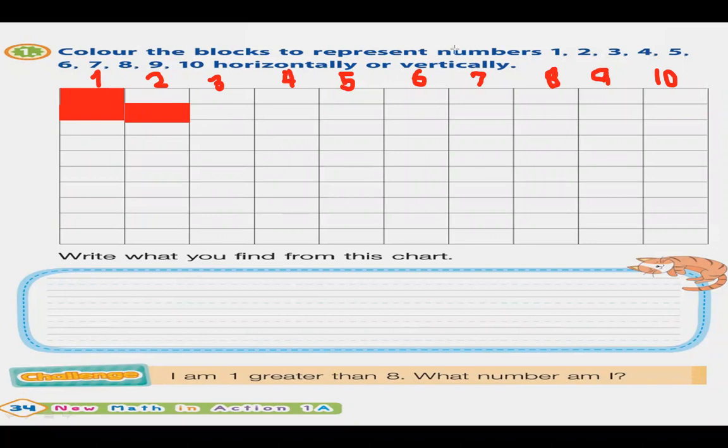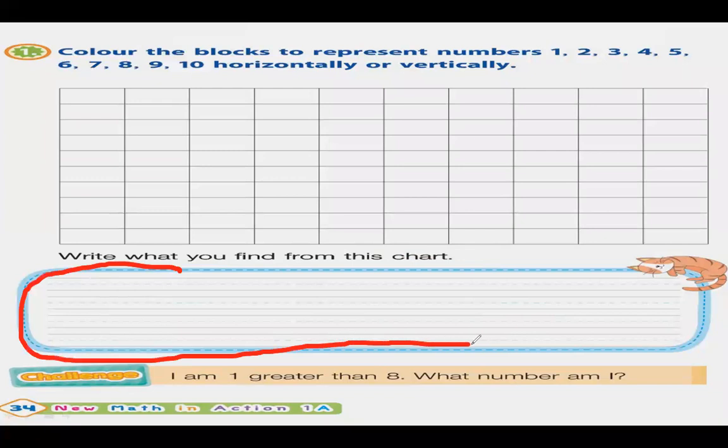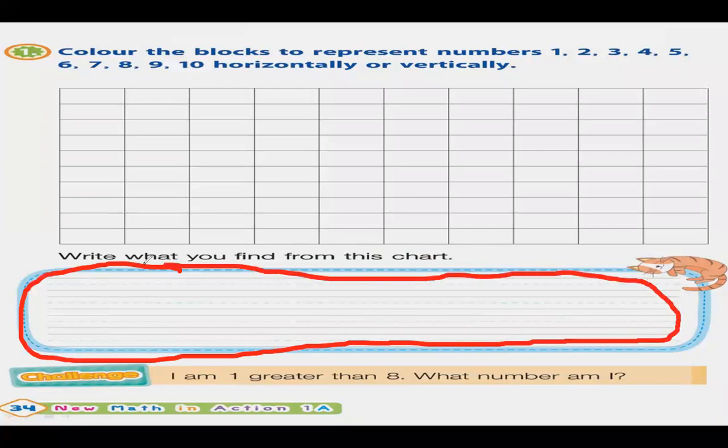So again, up until 10, students. All right, that's it, students. So what you are going to color that one, and then you have to write what you find from this chart. Okay? So you are going to write from here.